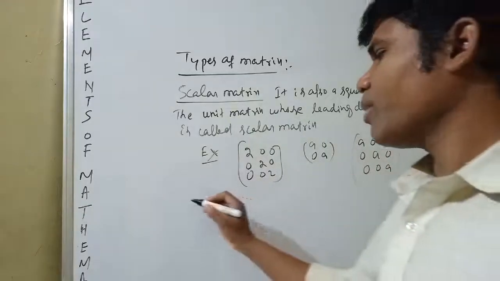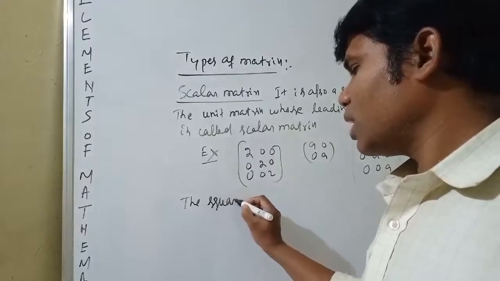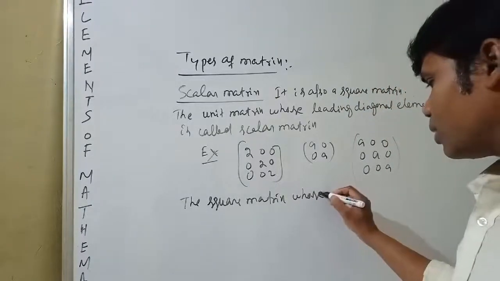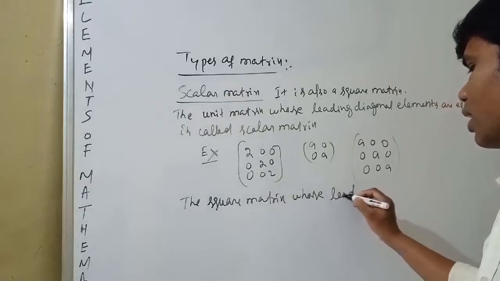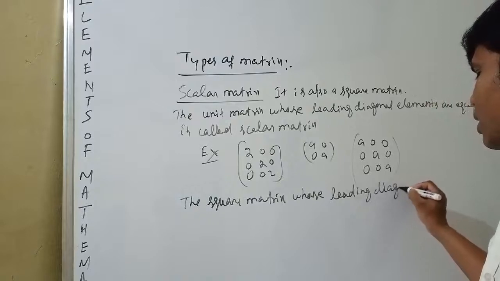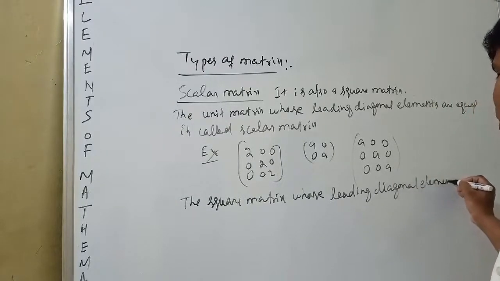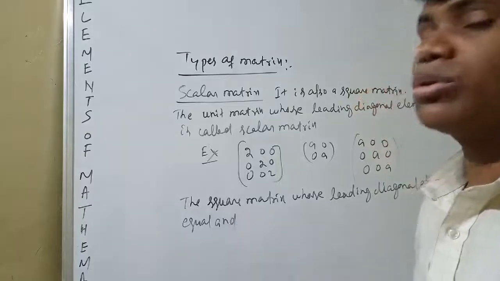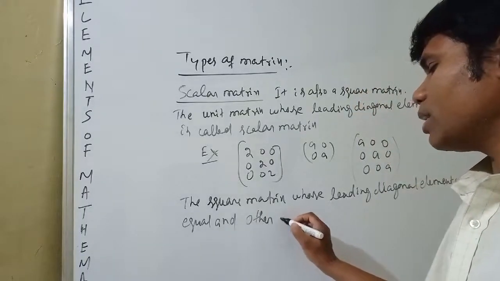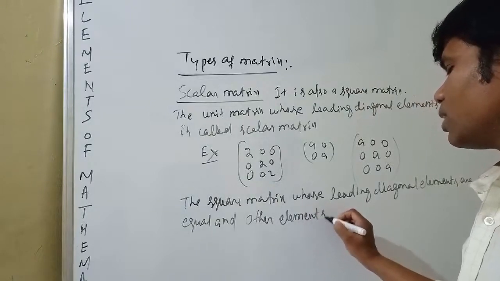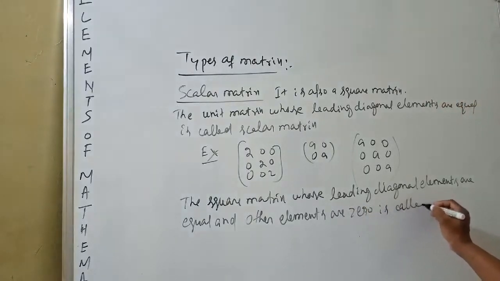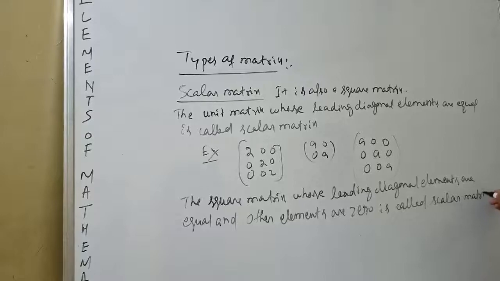That means the square matrix whose leading diagonal elements are equal and other elements are 0 is called a scalar matrix.